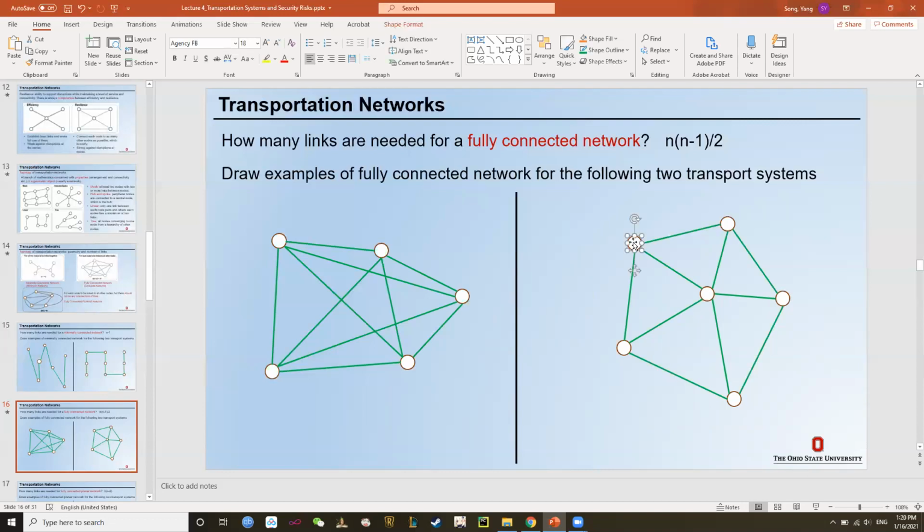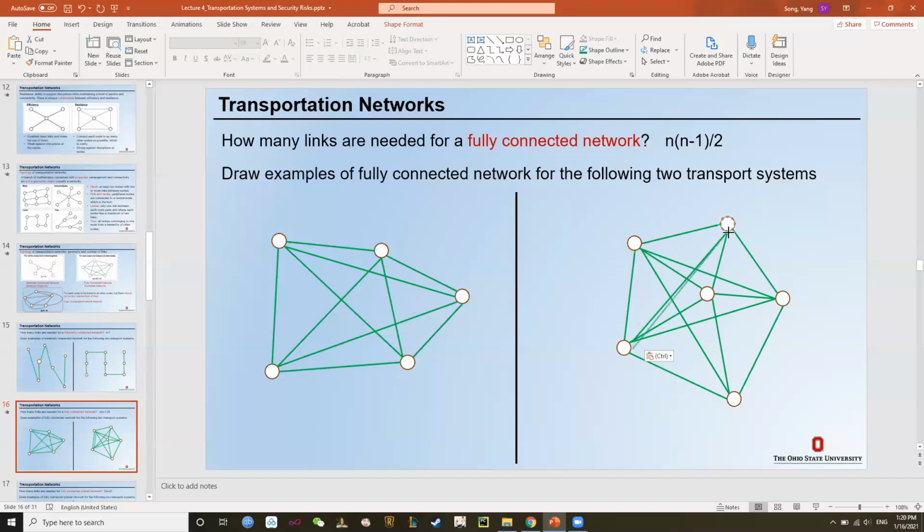So this node should be connected to this node, right? So link 11, link 12, link 14.